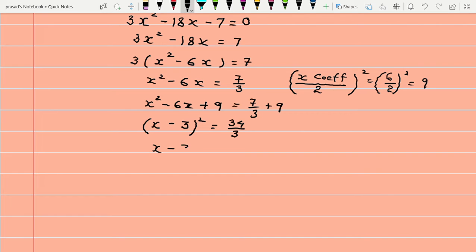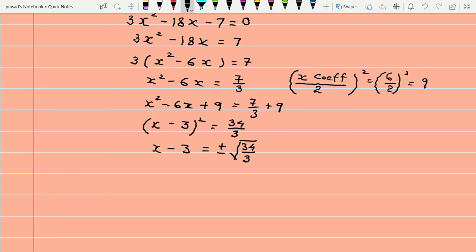So x minus 3. Now when you are taking the square root, again I am repeating, consider both the signs, plus or minus root 34 upon 3.